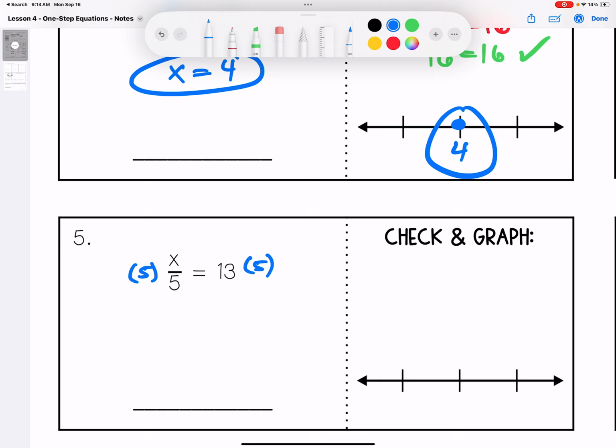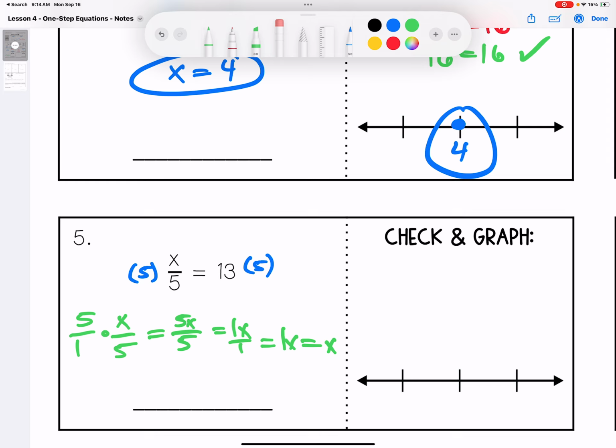Now, look what happens. Let's show you why that works, okay? You do not have to write this right here, but when you multiply it by 5, it's really 5 over 1 times x over 5. Do you agree with that? 5 times x is 5x. 5 times 1 is 5. Well, that'll simplify. Yes, it will. 5 and 5 go into each other, so it becomes 1x over 1, which is the same thing as 1x, which is the same thing as just x.